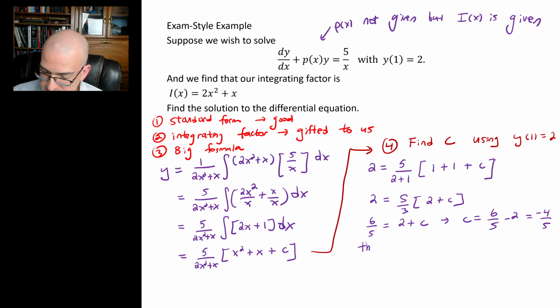Thus, our solution, y, is five times that stuff, x squared plus x plus c, so minus 4/5, all over 2x squared plus x.